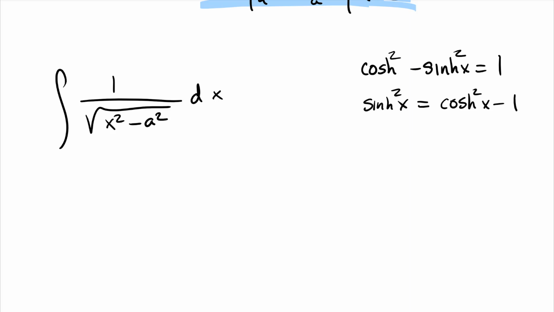Well, let's change them all to t's, and then maybe we can do a substitution. Do we see that we have something squared minus 1? So why don't we go through and let x equal a times cosh of t.